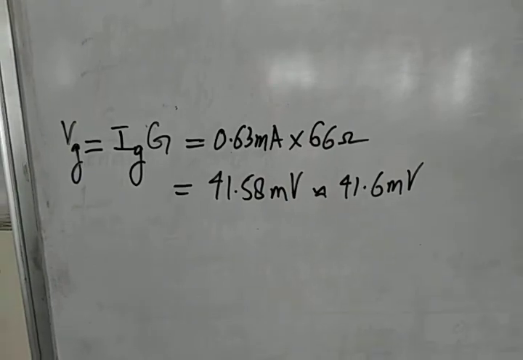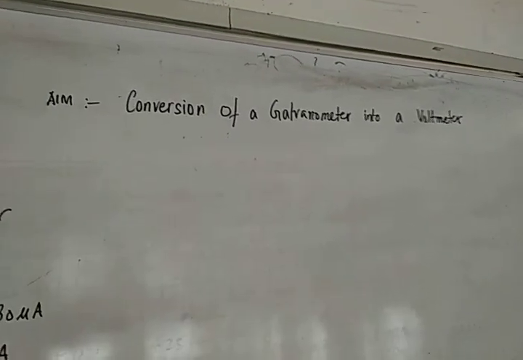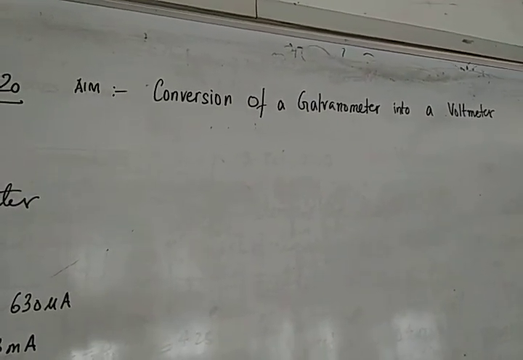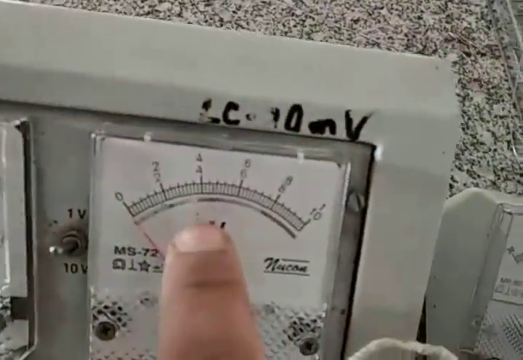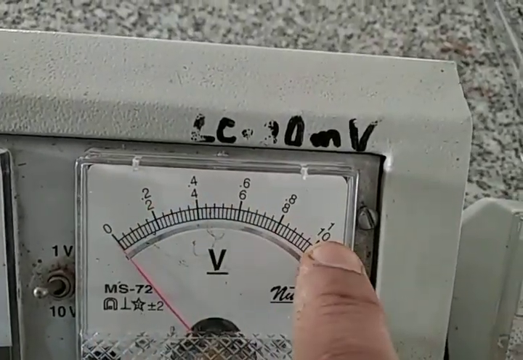But of course we don't want to measure this. Actually, what we want to do in this experiment is convert this galvanometer into a proper voltmeter, a voltmeter like this. Now I'm using the top scale.